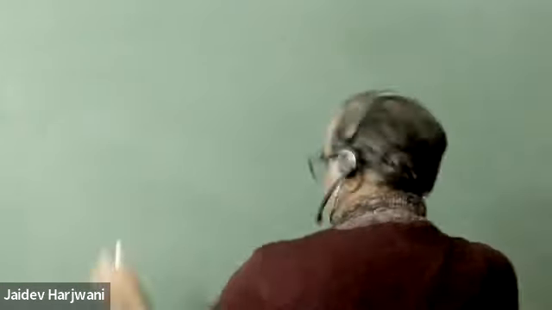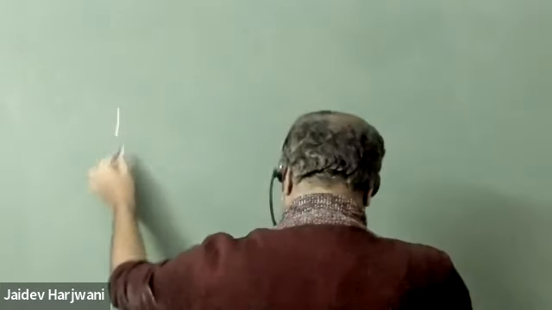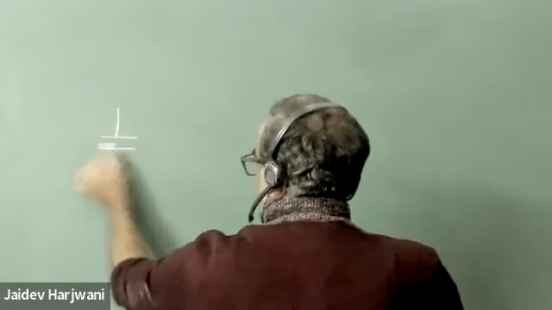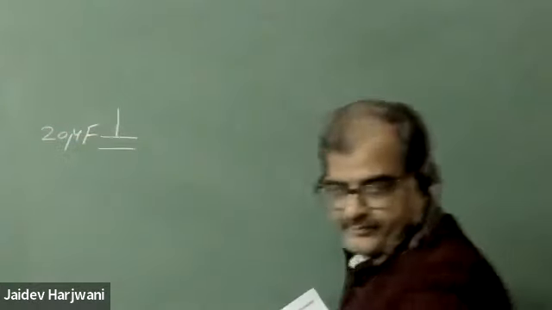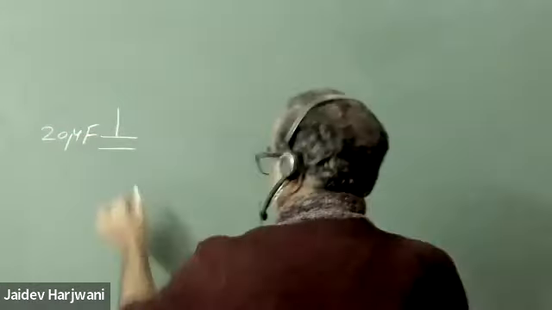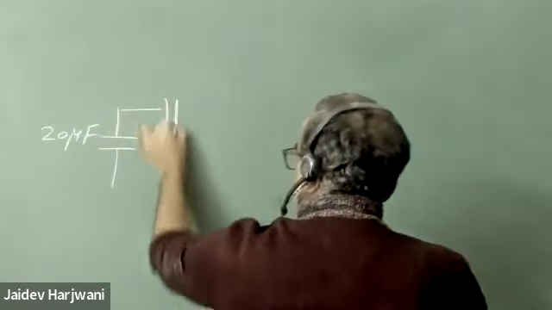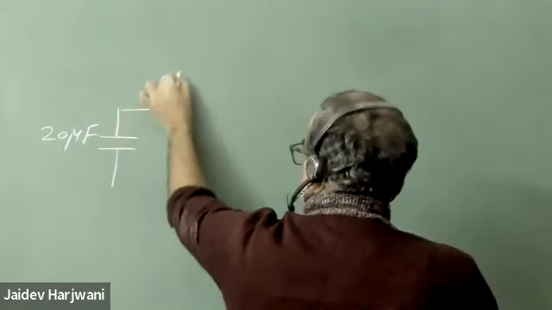parallel. So let us do some problems based on those formulas. Okay, so you have been given a capacitor, say of 20 microfarad, and then you have one more capacitor of 5 microfarad.